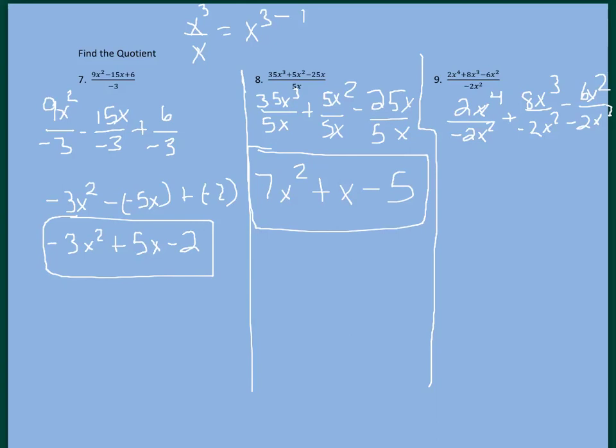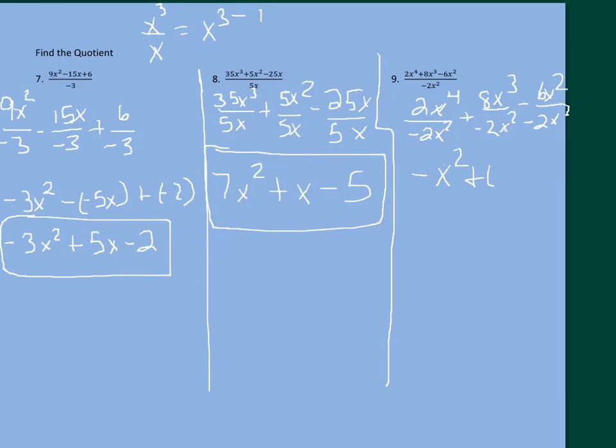Well, what's 2 divided by negative 2? Negative 1. X to the fourth divided by x squared? X squared. Plus, let's shift this over a little. 8 divided by negative 2? Negative 4. X cubed divided by x squared?